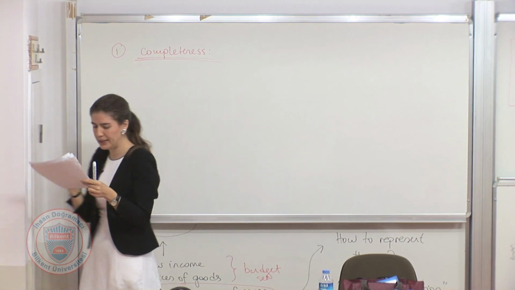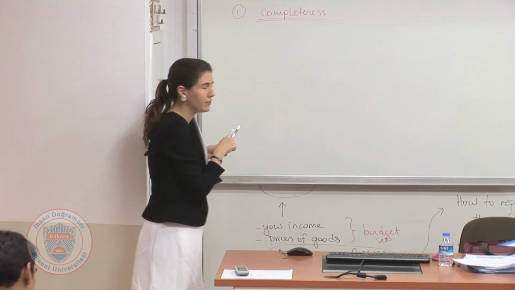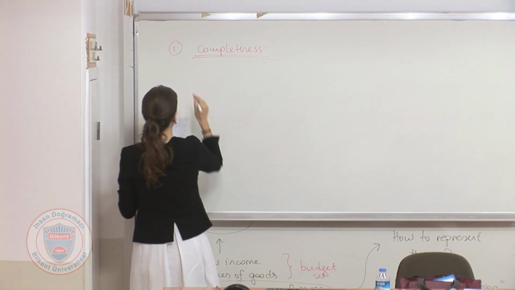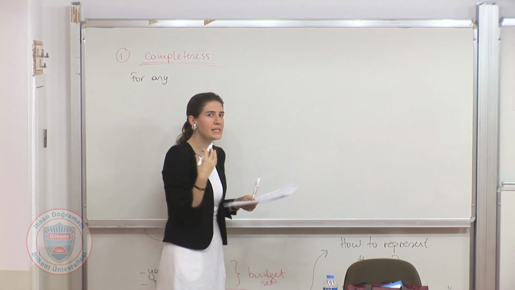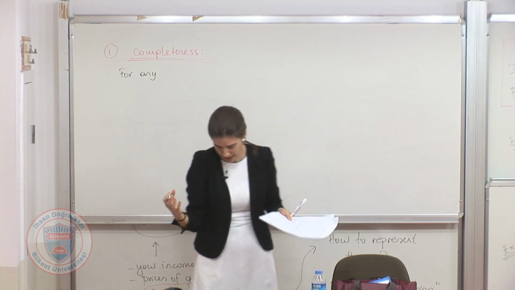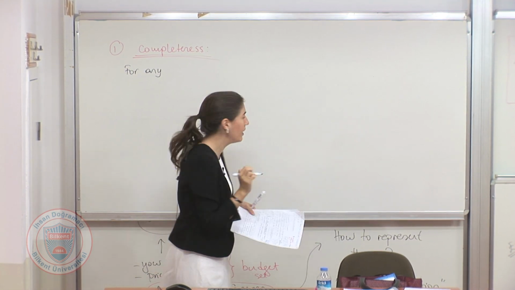So what is completeness? Let me write down the formal definition first, and then I'll explain, okay? And remember, these are math tools. Whatever we are saying, our taste, our preferences, right now we're trying to express them, to represent them, okay?